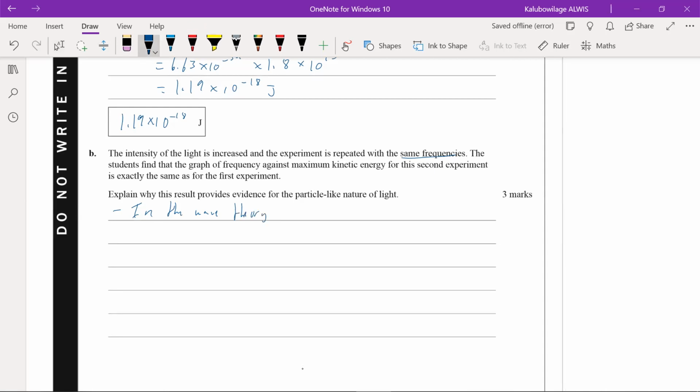In the wave theory of light, emitted electron energy, because they're talking about the maximum kinetic energy, would be linked to intensity.